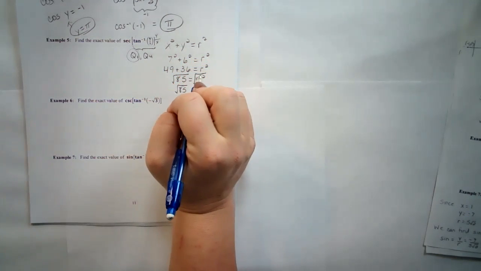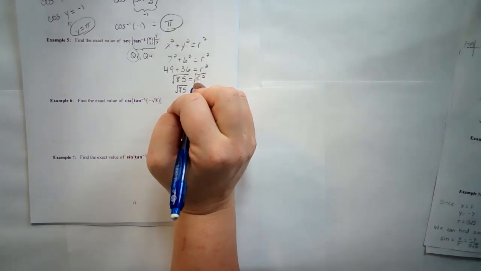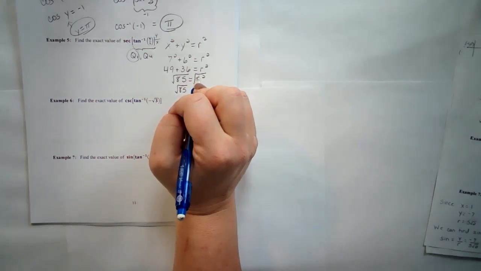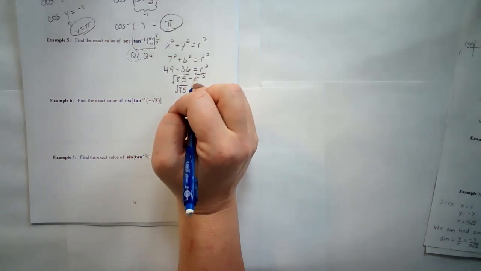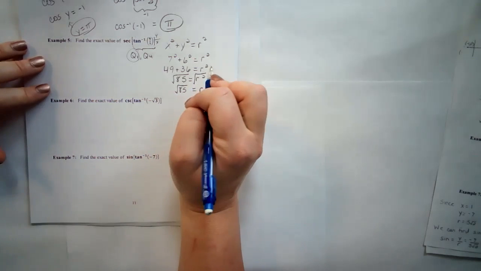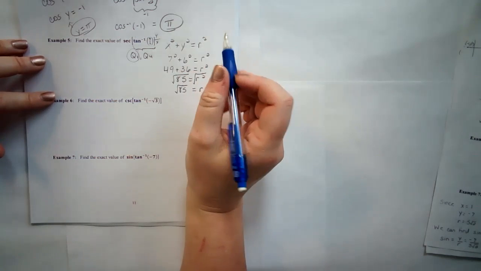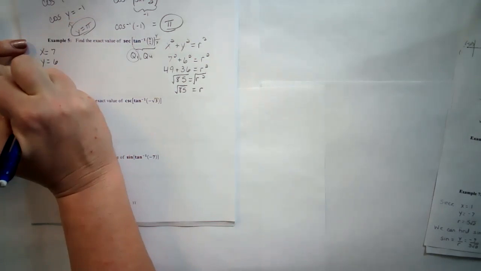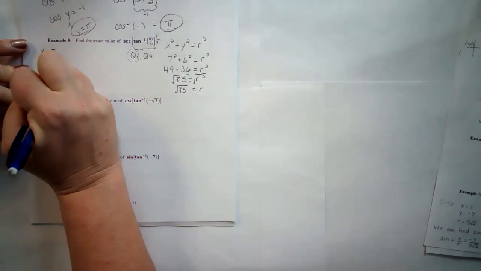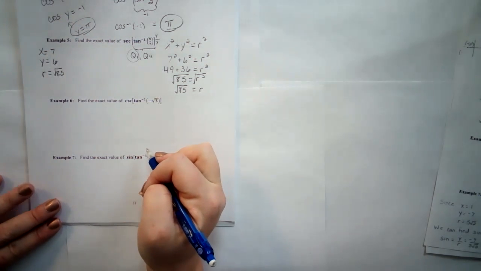You can try your hardest to factor tree 85 or come up with a reduction for that square root, but there isn't anything. It's actually square root of 85, believe it or not. And we know it's positive because r is always positive. So now we know x, we know y, and we know r.